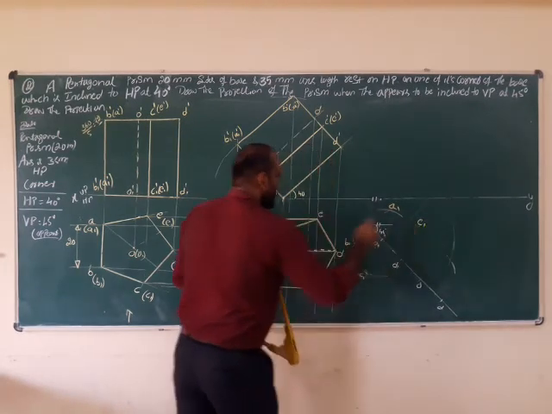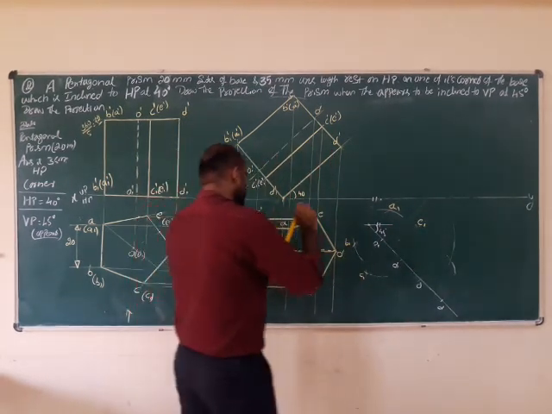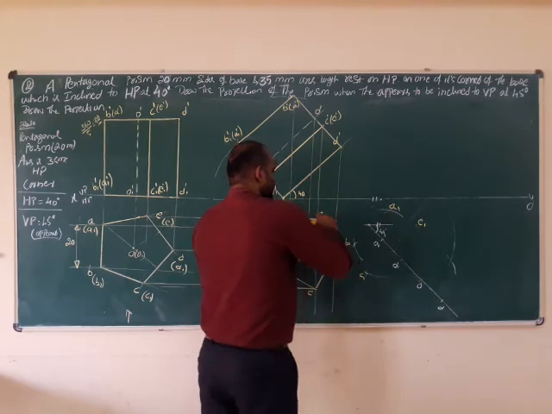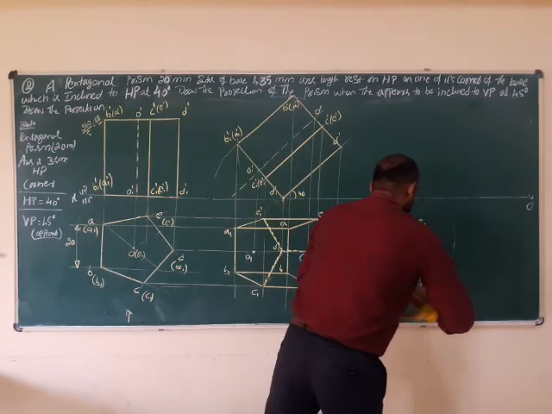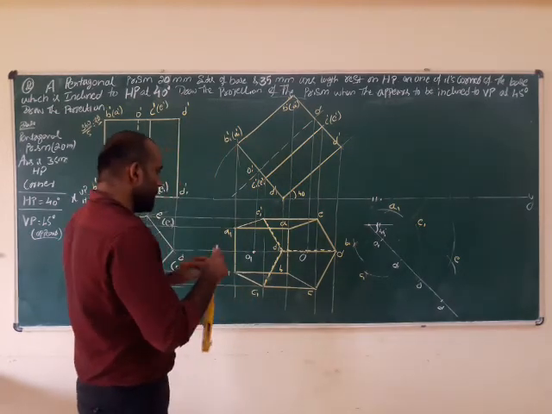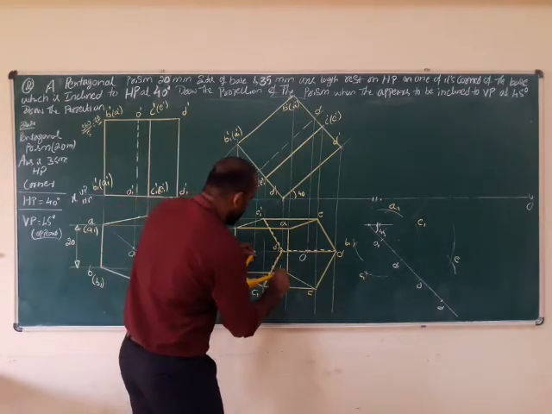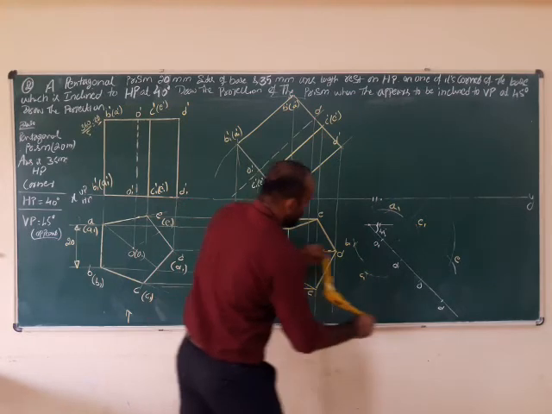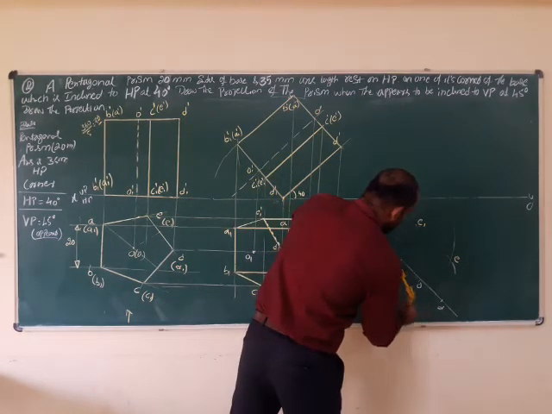It is called E1. Next one is E. Simultaneously, you have to take O to E. This point is called E. Next, you have to measure O to C.